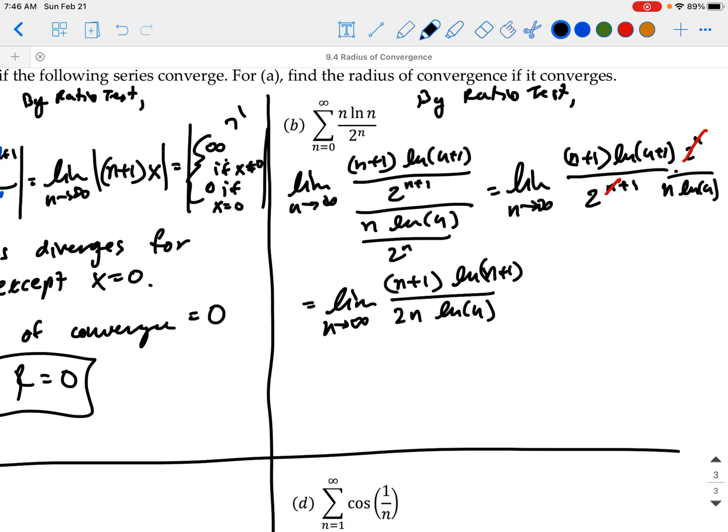What we'll see is that the leading terms are essentially equal in degree because natural log of n plus 1 and natural log of n are equivalently the same size. So this limit is going to equal 1 over 2, which is less than 1. So thus, the series converges.